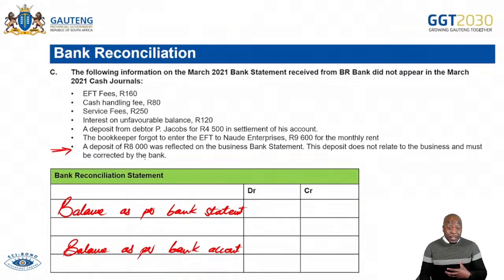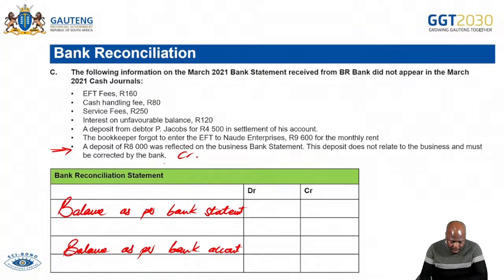Now, I want to correct this error. It's a deposit. In other words, on the bank statement, there was a credit entry, but that was incorrect. So we need to correct it now on the BRS. We say a deposit of 8,000 reflected on the business bank statement. This deposit does not relate to the business and must be corrected by the bank.